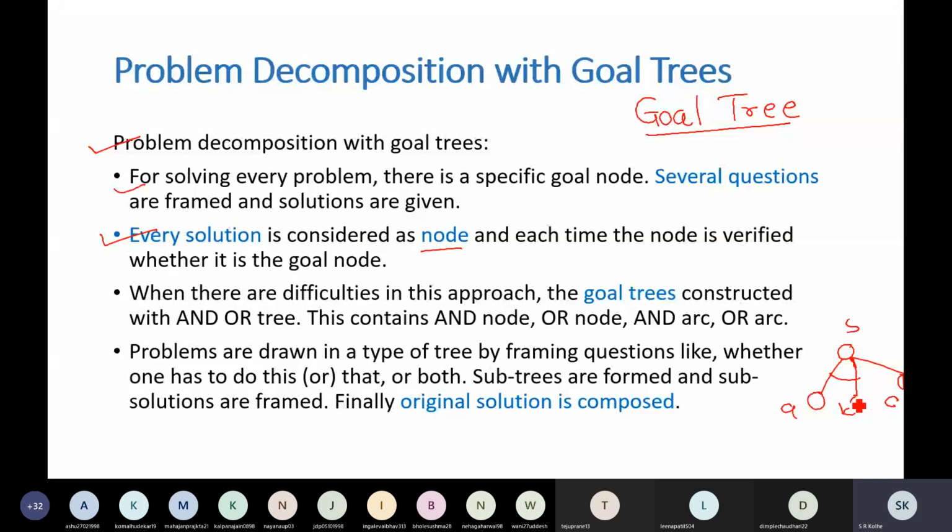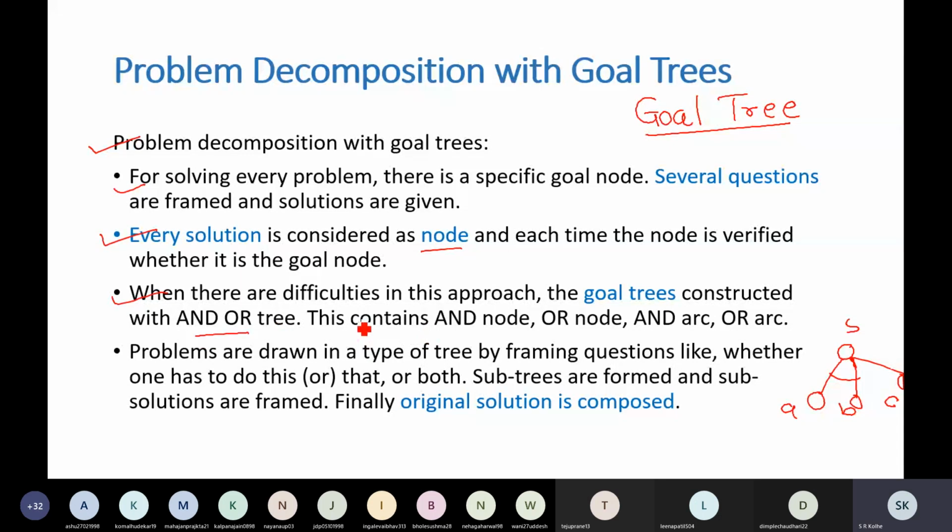We call this B a node. Each time this node is verified whether it is a goal node or not. That's what we do in all search algorithms, and once we reach the goal, the algorithm returns the solution. When there are difficulties in this approach, goal trees are constructed with AND/OR tree.